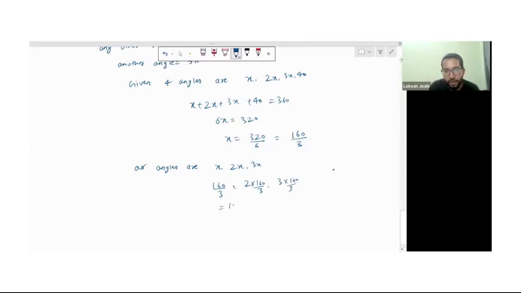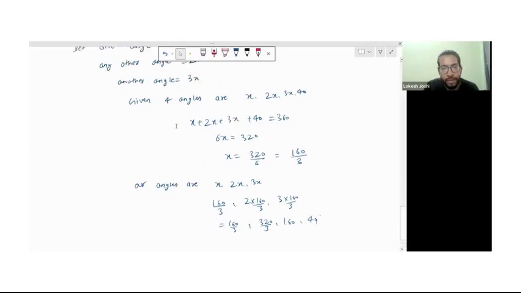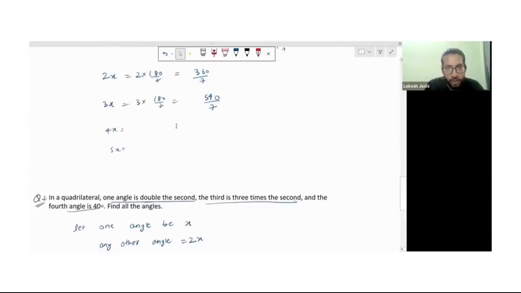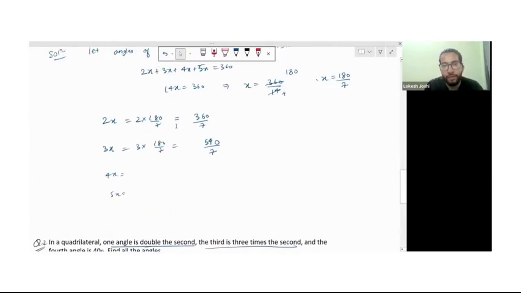And they will be 160 by 3, 320 by 3 and 160. Okay, so these are the three angles which we had to find. And the fourth one is already known to us, which is 40 degrees. So it's the way in which we can solve the questions in which we have to find the angles using the angle sum property.